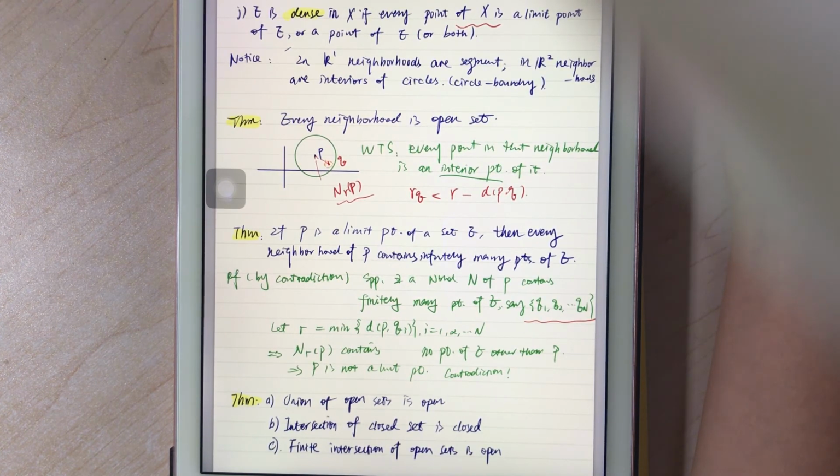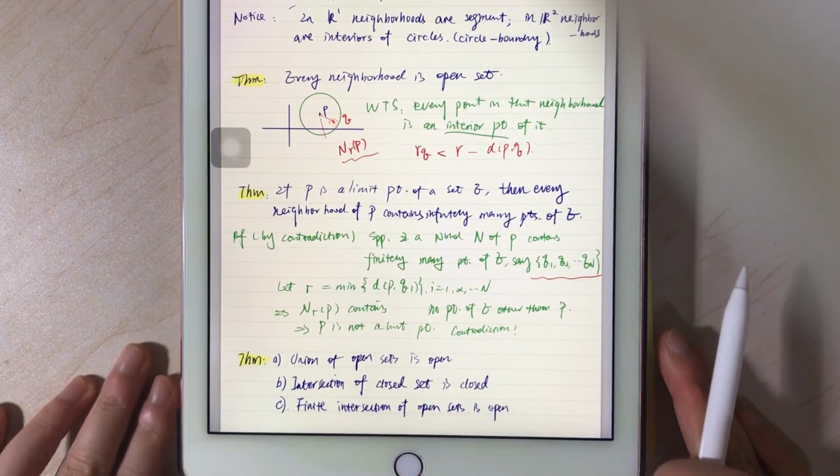The point that gives the minimum distance Qi is lying on the boundary of the circle, but we don't take that point into account. So there is no point of E other than P. So now we prove that P is not a limit point, which is a contradiction. So if P is a limit point of a set E, then every neighborhood of P must contain infinitely many points of E, right? It's very simple and clear.